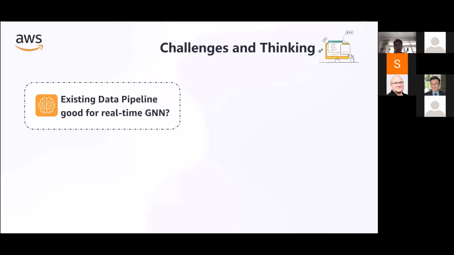It may not be a research topic for GNN or machine learning researchers, but I do hope that researchers in this domain can think beyond their model only, to see if we can extend into the data pipeline for real-time GNN model inference.